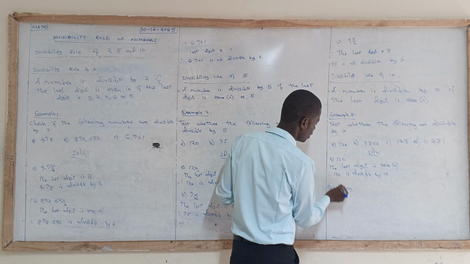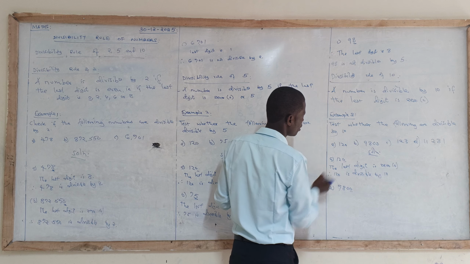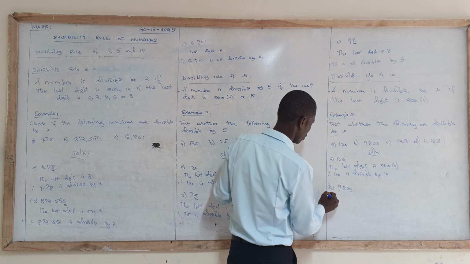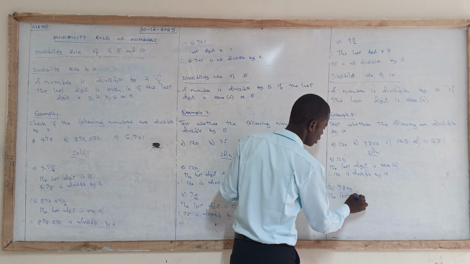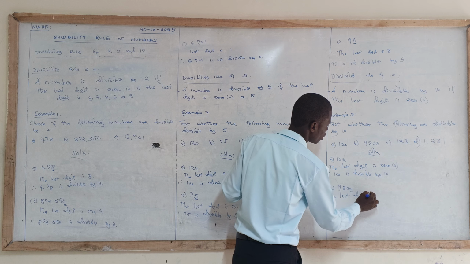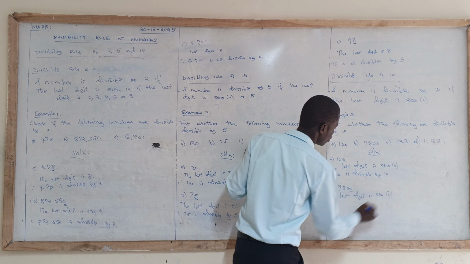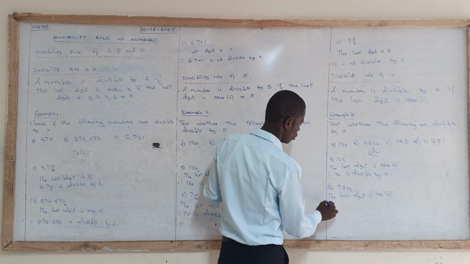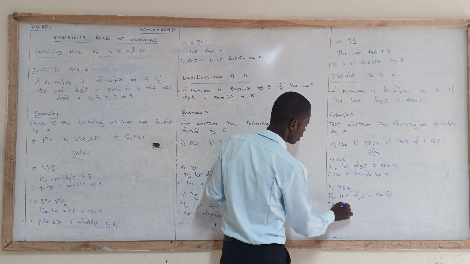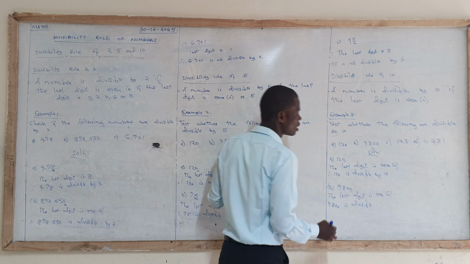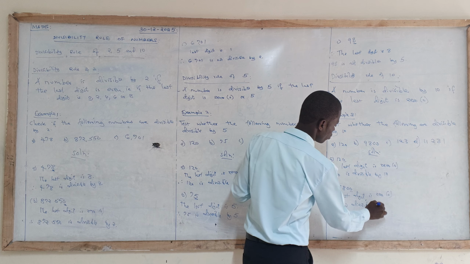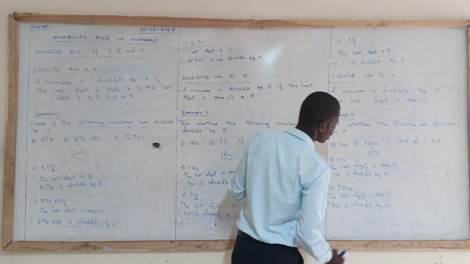So here the last digit is 0. So you say, what is your reason? The last digit is 0. You say that 9,800 is divisible. Divisible means that it can be divided. It is divisible by 10. So it can be divided by 10.